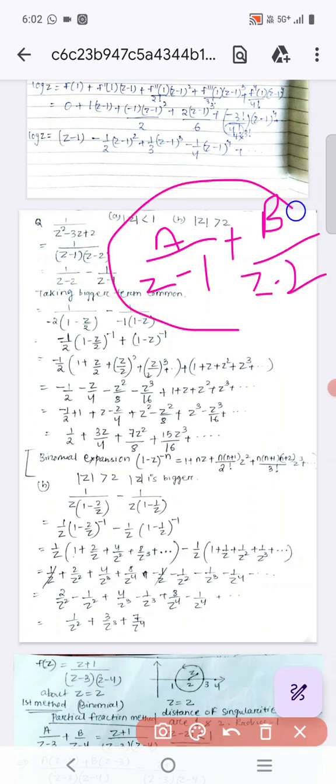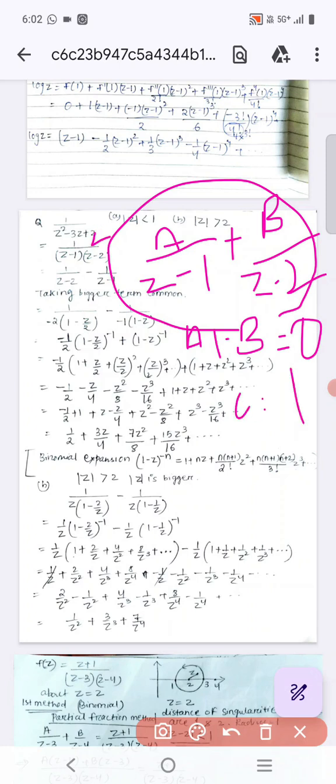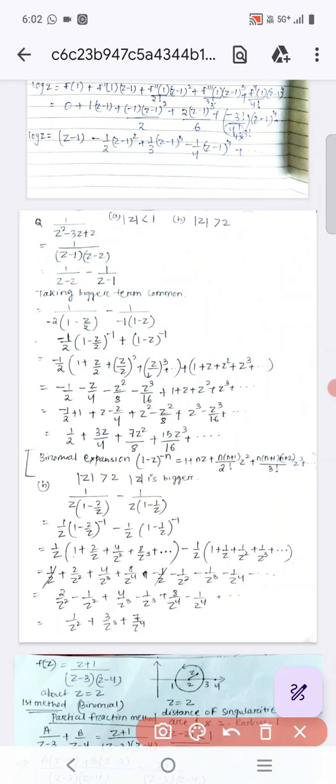Since it is given that z is less than 1, z will also be less than 2. In the z minus 2 case, we will take the bigger term common. Between z and 2, 2 is the bigger, so we will take minus 2 as common. In the bracket it will be 1 minus z by 2.